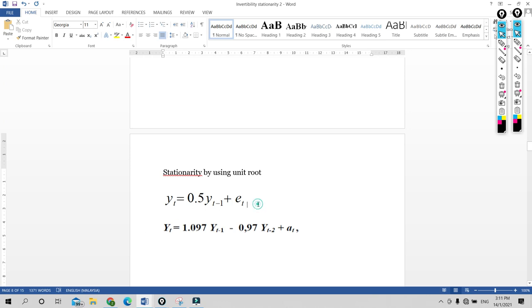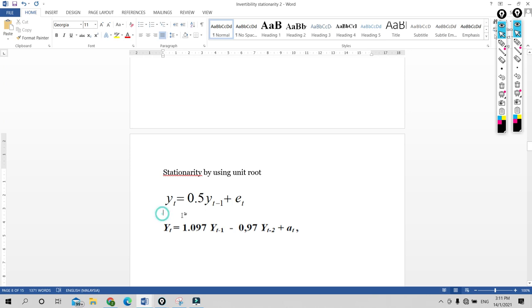So let's say this is an equation for a time series model. Looking at this equation, y_t is equal to 0.5 y_{t-1} plus epsilon_t.